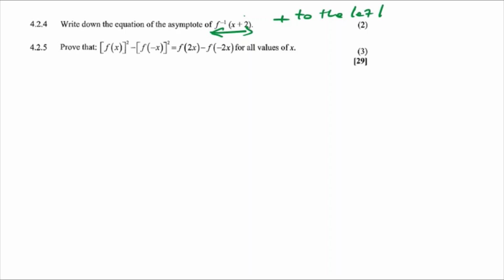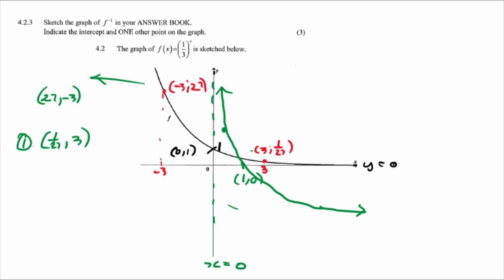So now if we look at our function here, our function has an asymptote x is equal to 0. If we shift it 2 units to the left, our asymptote will end up being here, which is now x is equal to negative 2.